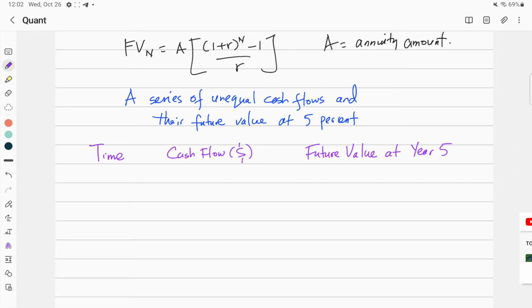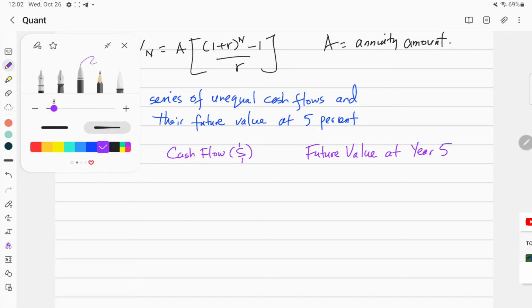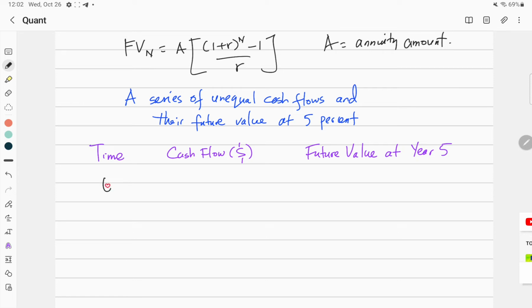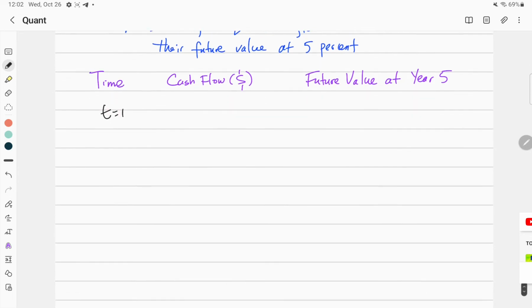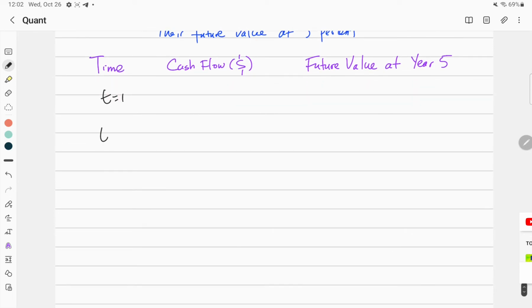So now let's have t equals 1, t equals 2, t equals 3, t equals 4, and t equals 5. So now our equally spaced periods are years.